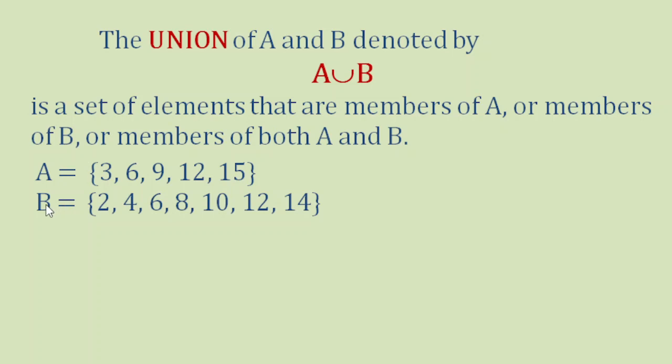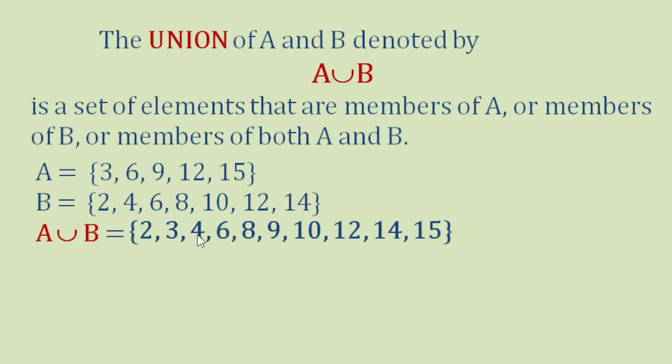The elements of B are 2, 4, 6, 8, 10, 12, and 14. So A union B is just listing down all the elements we see in A and B without repeating any element. So the elements are 2, 3, 4, 6, 8, 9, 10, 12, 14, and 15.